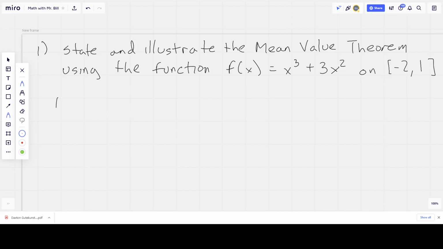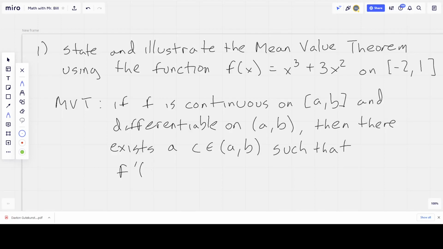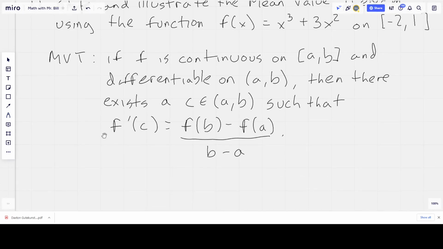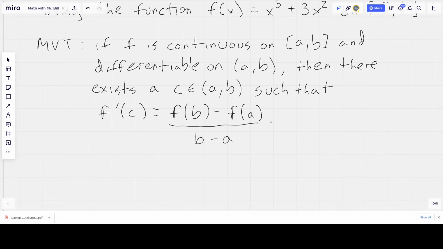So the mean value theorem states that if f is continuous on a closed interval from a to b and differentiable on the open interval from a to b, then there exists a c, which is an element of the open interval, such that f prime at c is equal to what essentially is the slope between the two endpoints. So this is a fairly easy thing to check, and we just need to put the right things in the right places.